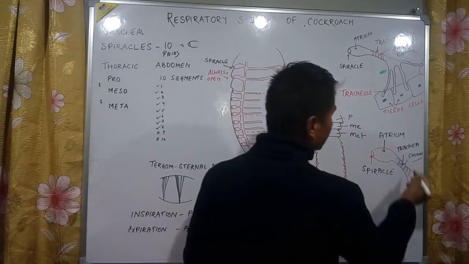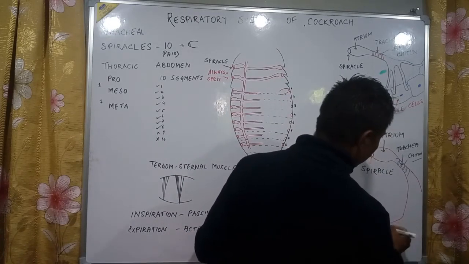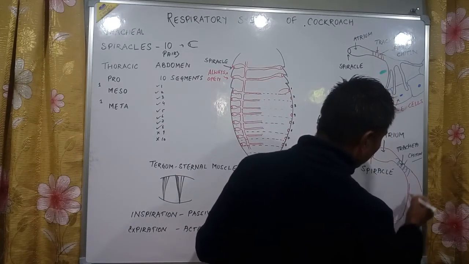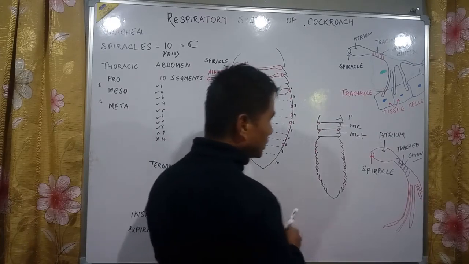Then the trachea finally divides into small tubes known as tracheoles. Okay, so they are known as what?